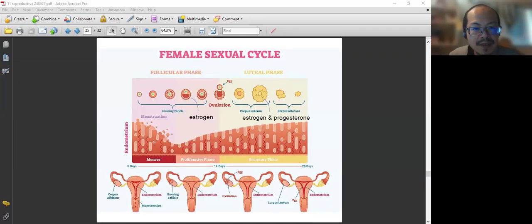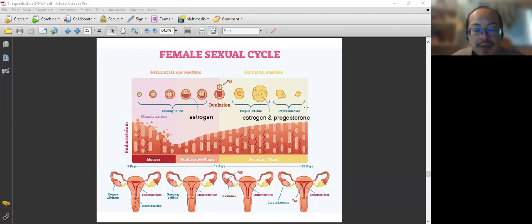So here is everything combined. You have the ovary, which has the follicle development, ovulation, followed by the corpus luteum. They produce hormones in the blood. If you examine the blood, you will see estrogen during the follicular phase, and you will find estrogen and progesterone during the luteal phase.